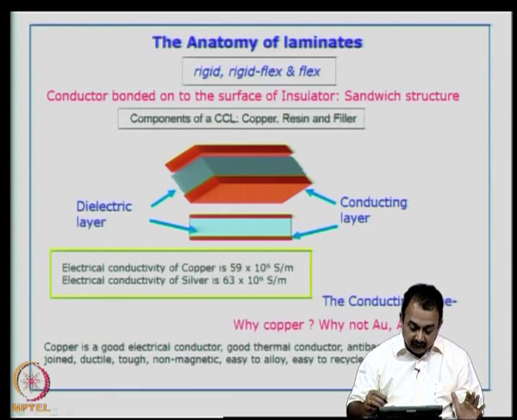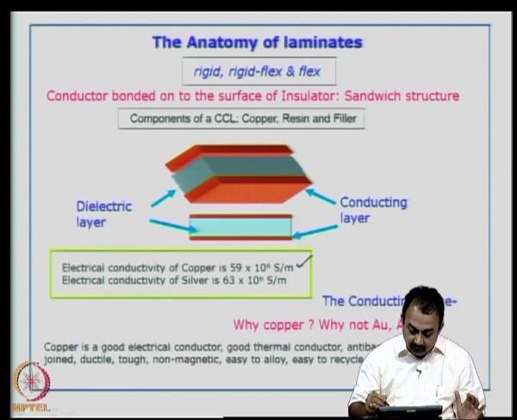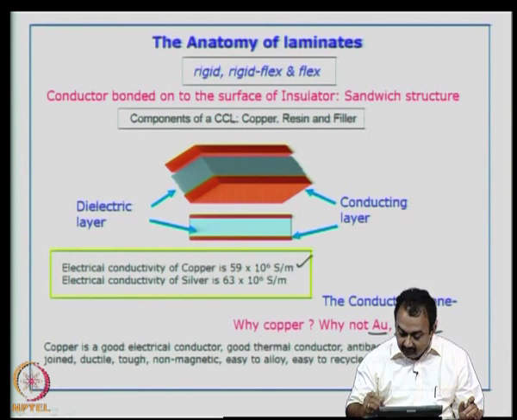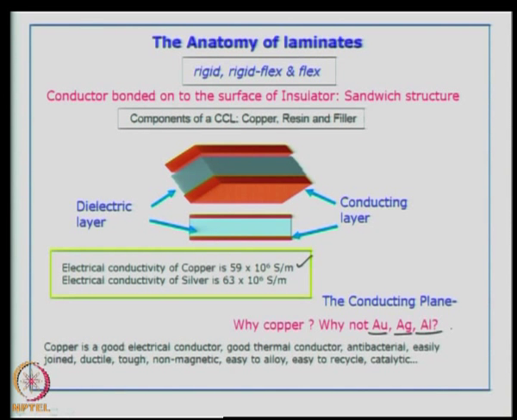The electrical conductivity of copper is very high, silver is much better. But we do not use gold or silver or aluminum in the printed circuit board industry, essentially because copper is a good electrical conductor, good thermal conductor, antibacterial, easily joined, ductile, tough, non-magnetic, easy to alloy, easy to recycle, catalytic and so on, and it is compatible with all the chemical processes.